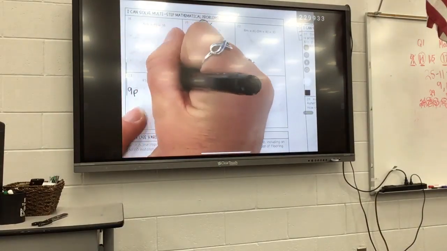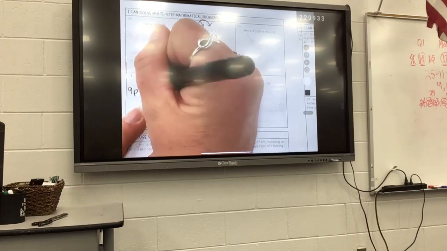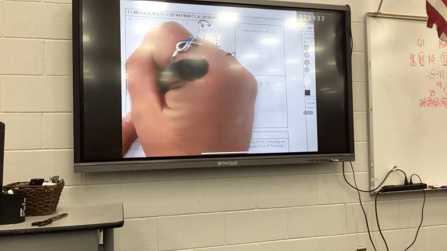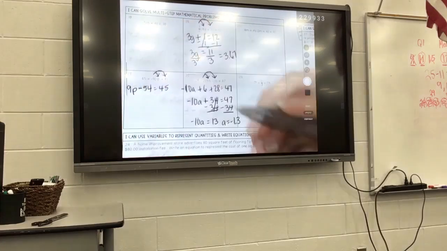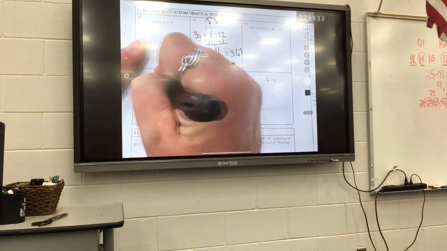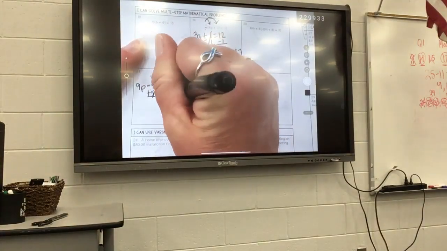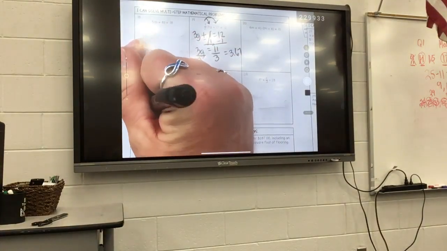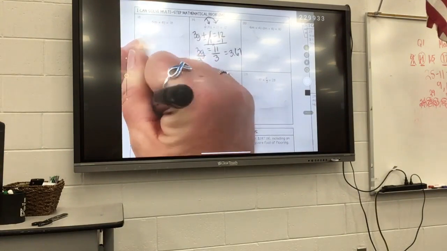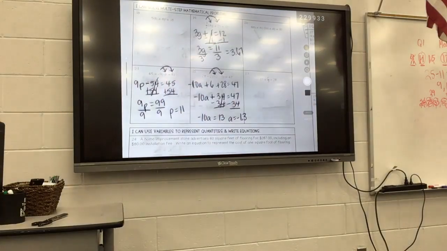And then negative 9 times positive 6 is going to give me a negative 54, equals 45. So then from here, we're going to add 54, add 54. 9p equals 99. Divide by 9, divide by 9. P equals 11.